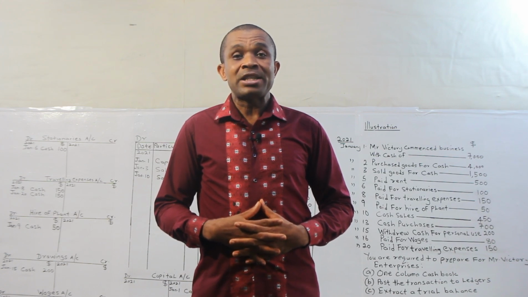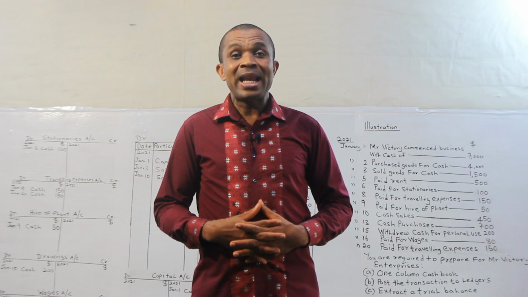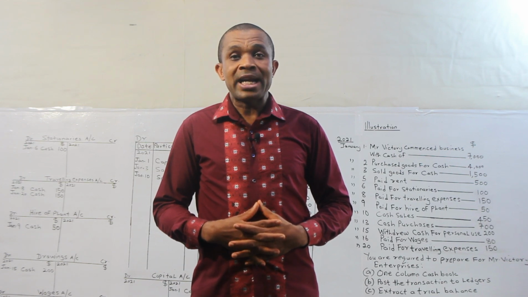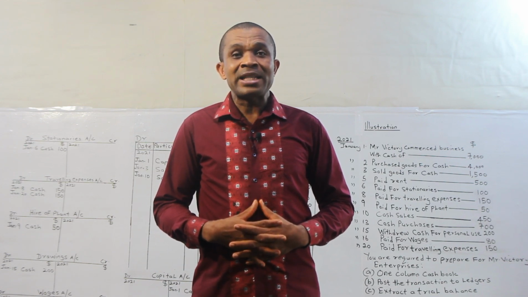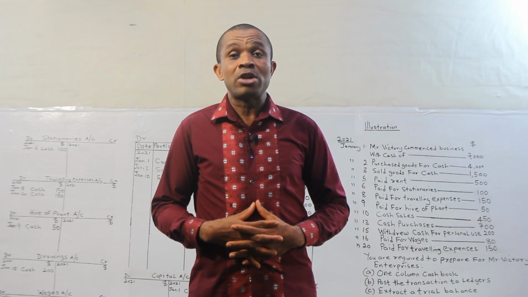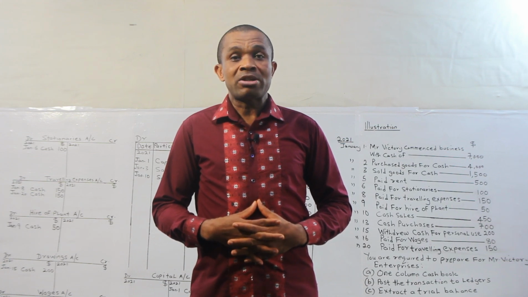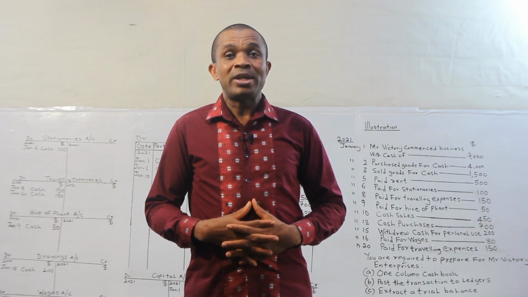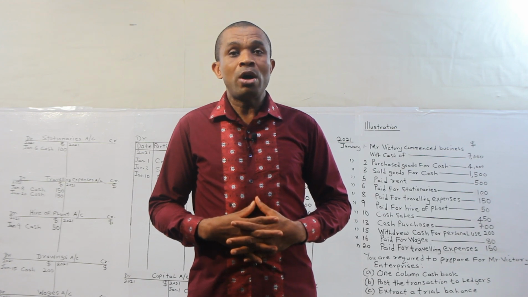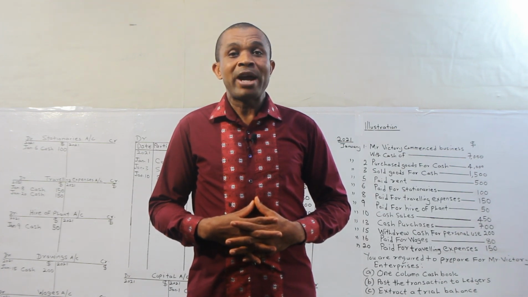Before we can extract a trial balance, we have to balance all the accounts. It is the balances from all the accounts, including the cash book or the cash account, that we are going to use to prepare the trial balance. So let us balance all the accounts that we have opened.